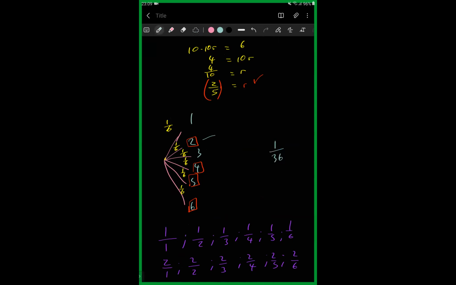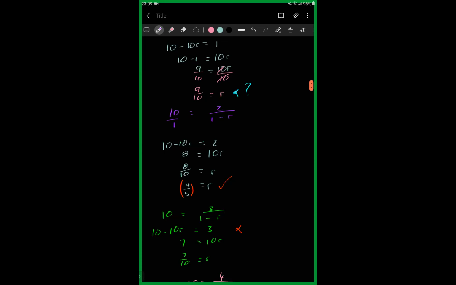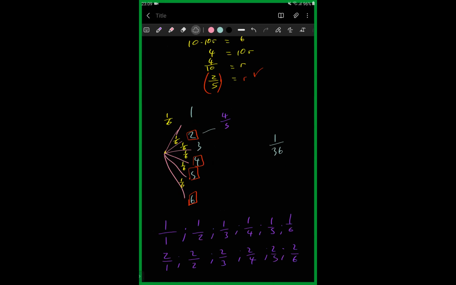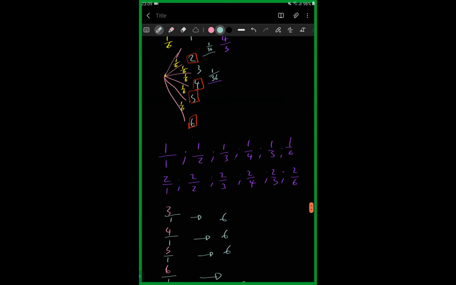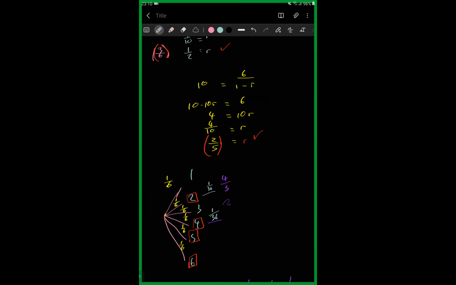So here, for a 2, right? We said 4 over 5 will work. And the probability of getting that one is just 1 out of 36. Now, for the 4, there's also a 1 out of 36 chance that we get 3 over 5.